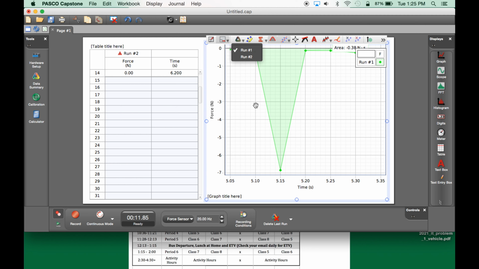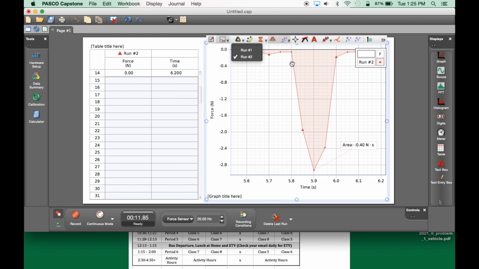So, analyze that data, answer the questions on the lab, and feel free to go through this video and look at it again and again. Again, here we go. It took twice the amount of time, not nearly as much force. The area under the curve is 0.4. It's a negative area under the curve only because the force is quote-unquote negative.